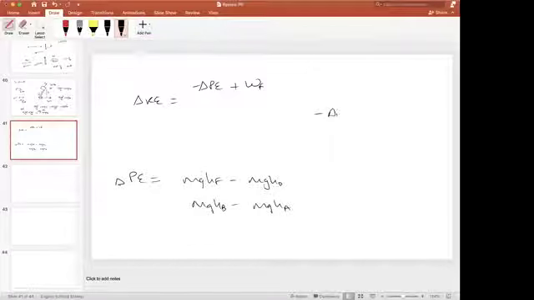So the negative change in potential energy is m g h_a minus m g h_b, or m g h initial minus m g h final.